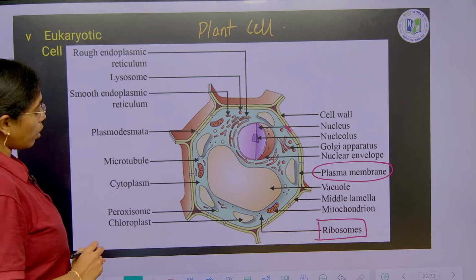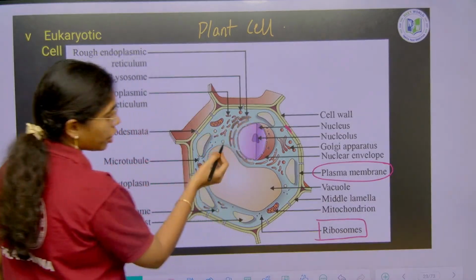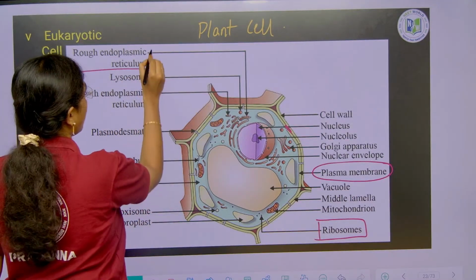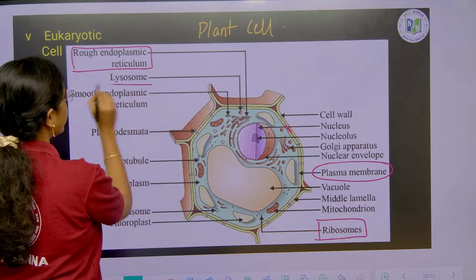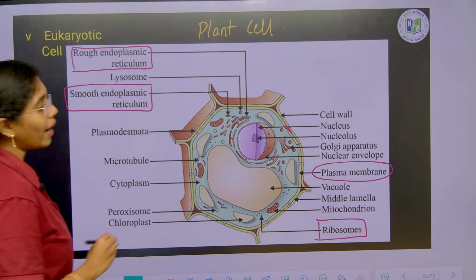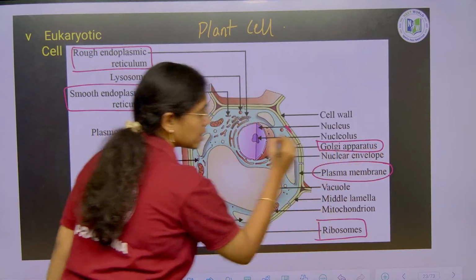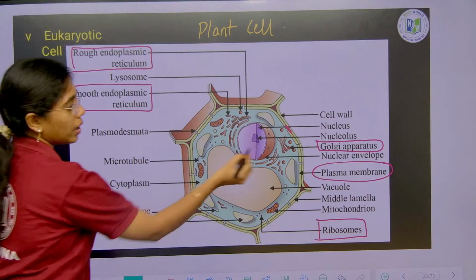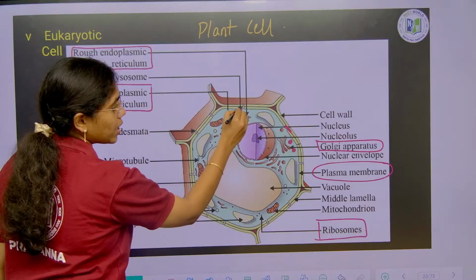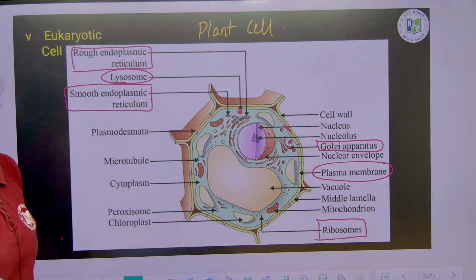Single membrane bound organelles include first endoplasmic reticulum, which are the extensions of nuclear envelope. First is rough endoplasmic reticulum and then smooth endoplasmic reticulum. After which you have Golgi bodies, Golgi complex or Golgi apparatus, again single membrane bound, and these secrete lysosomes from the trans face. Lysosome is again a single membrane bound organelle.